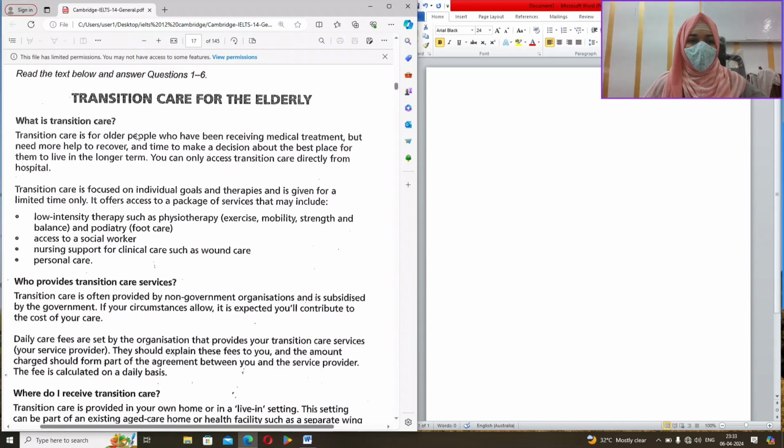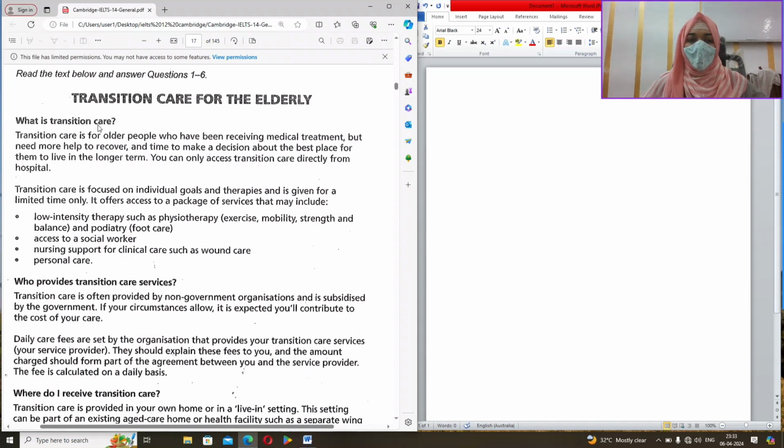Now read. Transition care is for older people who have been receiving medical treatment but need more help to recover and time to make a decision about a place for them to live longer. Transition care is for older people who have been receiving medical treatment. Yes, what was our answer? Transition care is for only hospital people. Hospital people means, now they have paraphrased here: medical treatment.